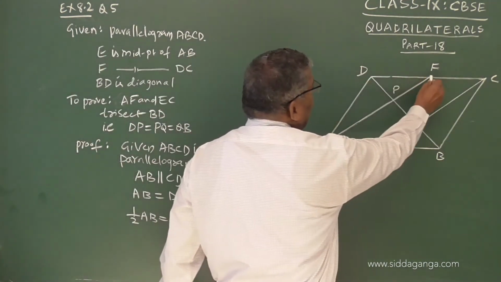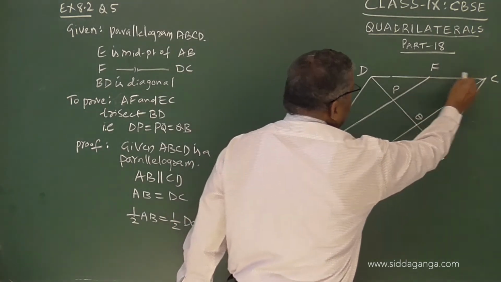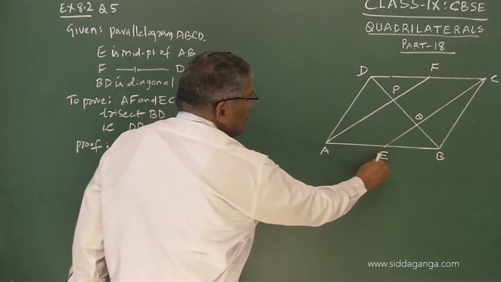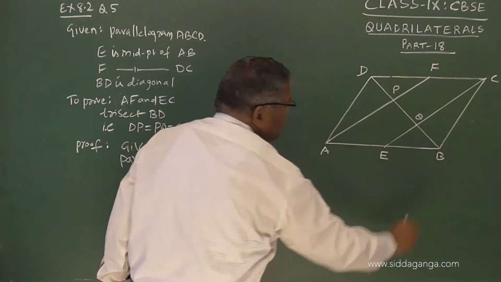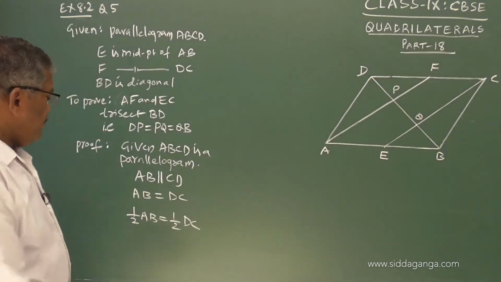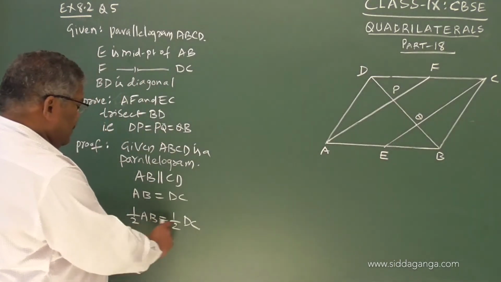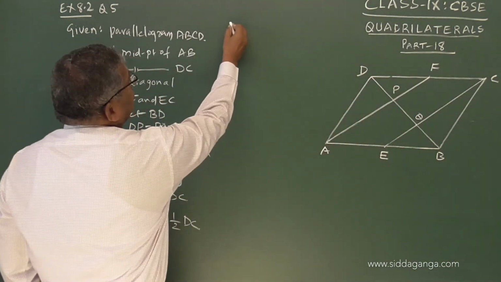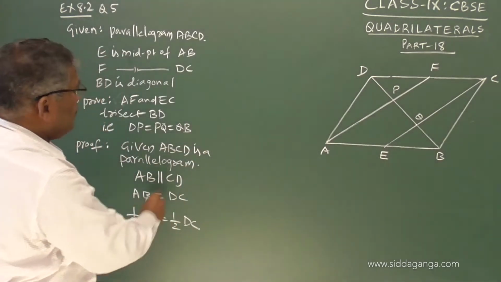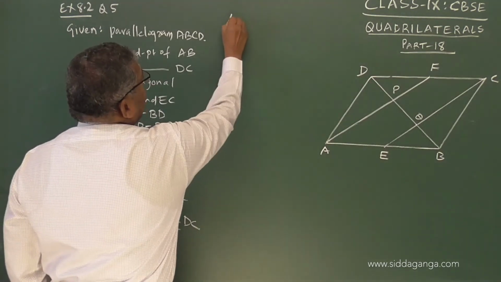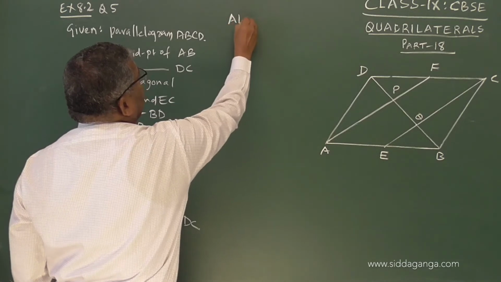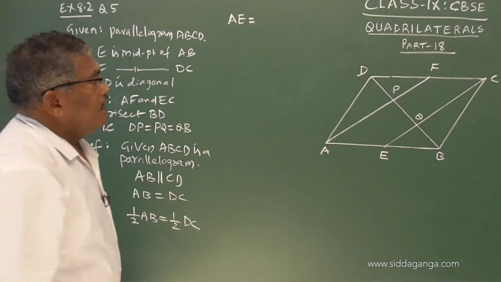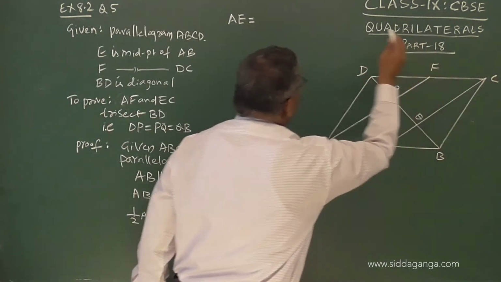So DF is half of DC, and similarly FC is also half of DC. And here AE is half of AB and EB is half of AB. So with this half of AB, I will take AE equals half of DC, which is DF.